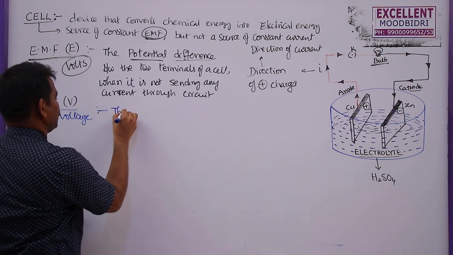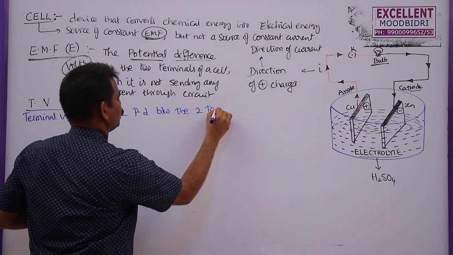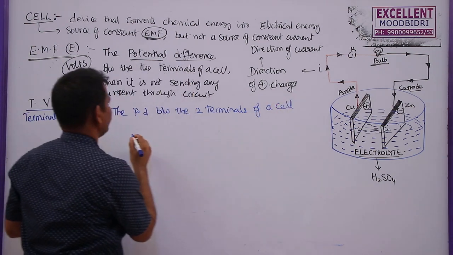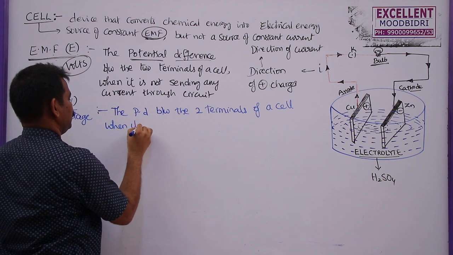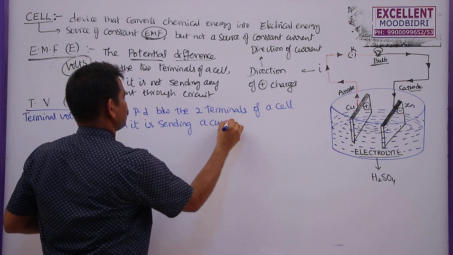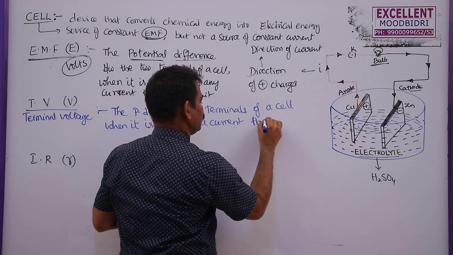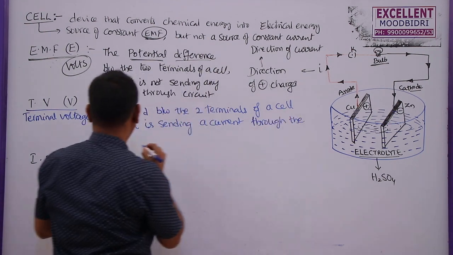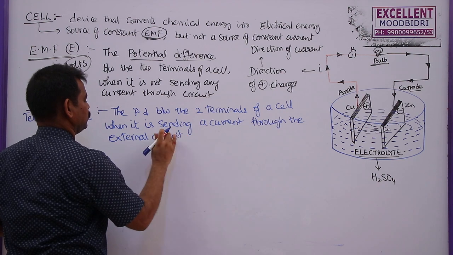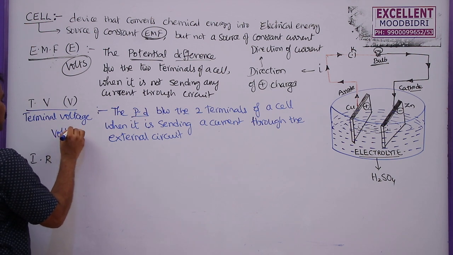This is also the PD, potential difference between the two terminals of a cell when it is sending a current through the external circuit or through the external resistor. So as it is also a potential difference, this is also measured in volts only.